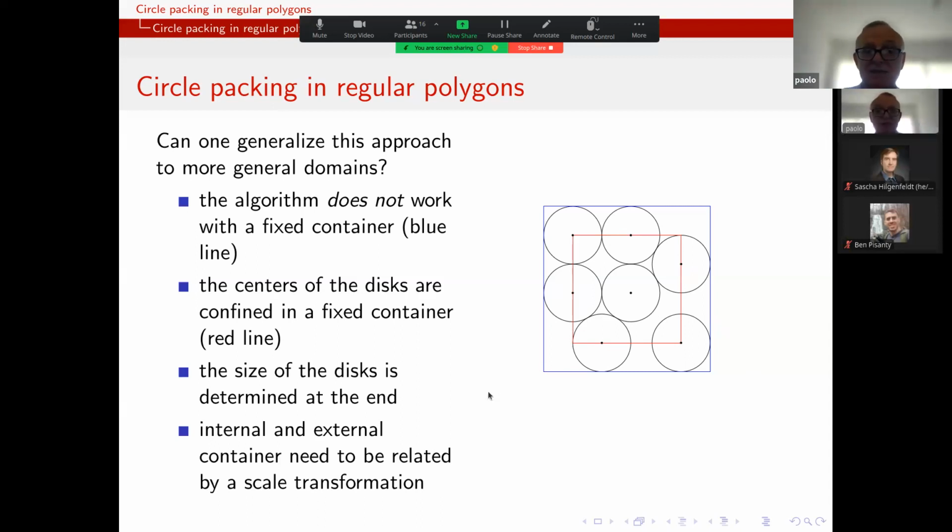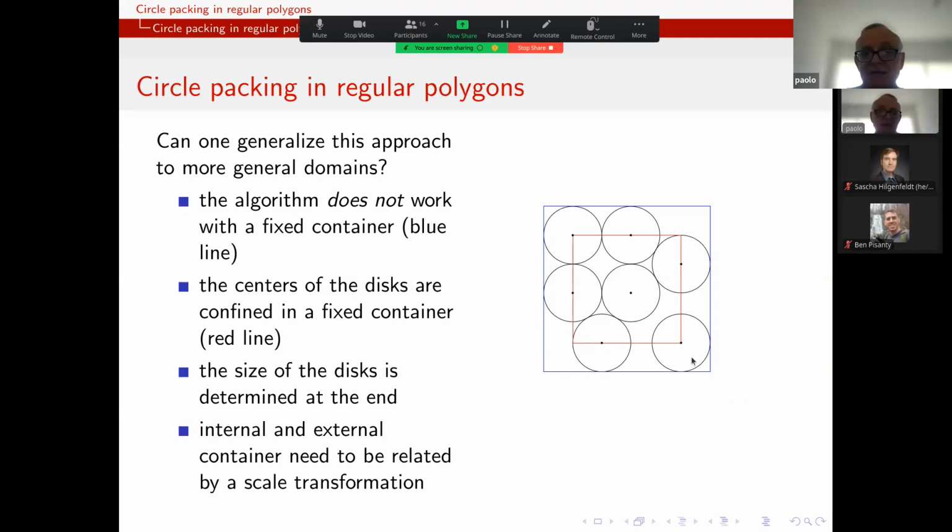The size of the disk is determined at the very end, and so if you are doing circle packing in a square, you need that the outer container is also a square, which of course is the case, because if you project along the normal direction of the red container a fixed amount, you draw the blue container.